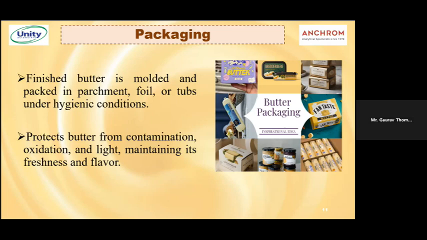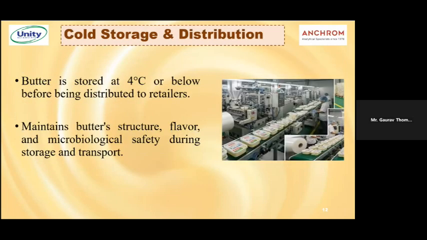Mostly we have those butters coming in rectangular cuboidal shapes. Based on the butters being produced, different packagings are followed. Once it is packed, it is stored in cold storage so that it attains the shape of the vessel or the packaging material into which it is wrapped, and then it is distributed. Once it is distributed, we consume it.